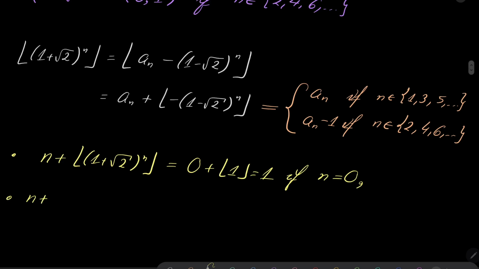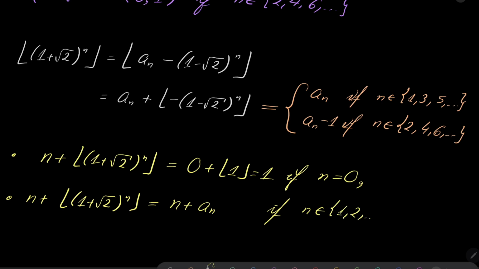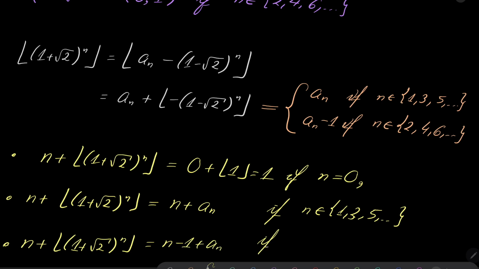Second case, when n is odd: then we can write this as n plus a_n. If n is odd: 1, 3, 5, and so on. And finally, it's n minus 1 plus a_n if n is even but greater than 0.